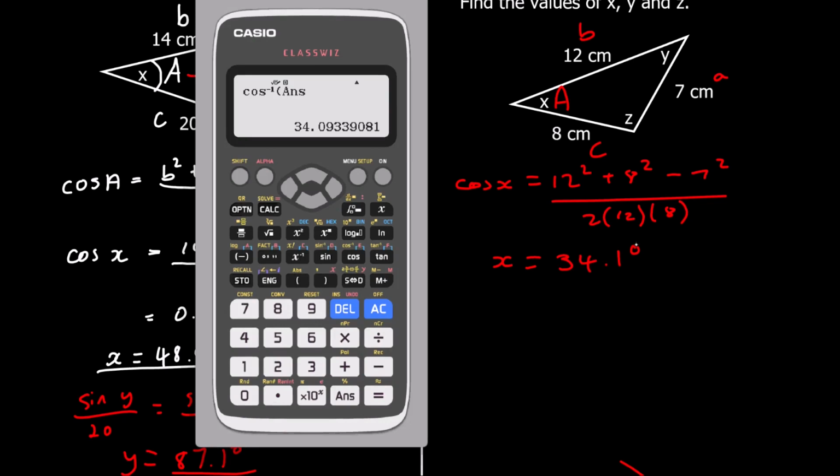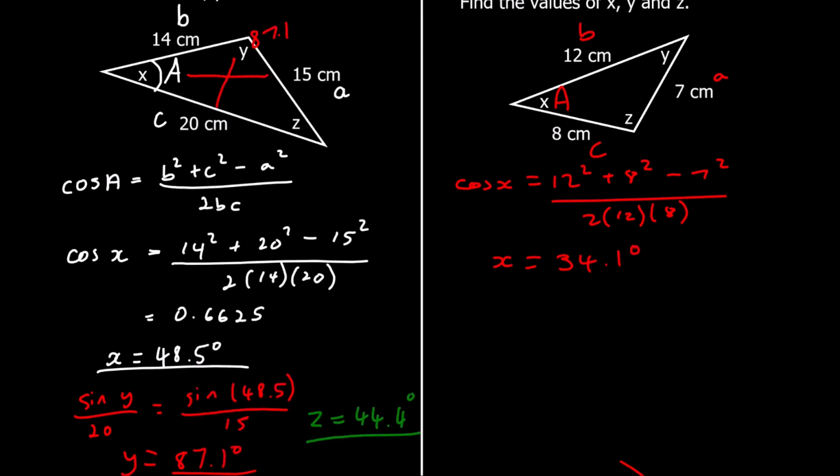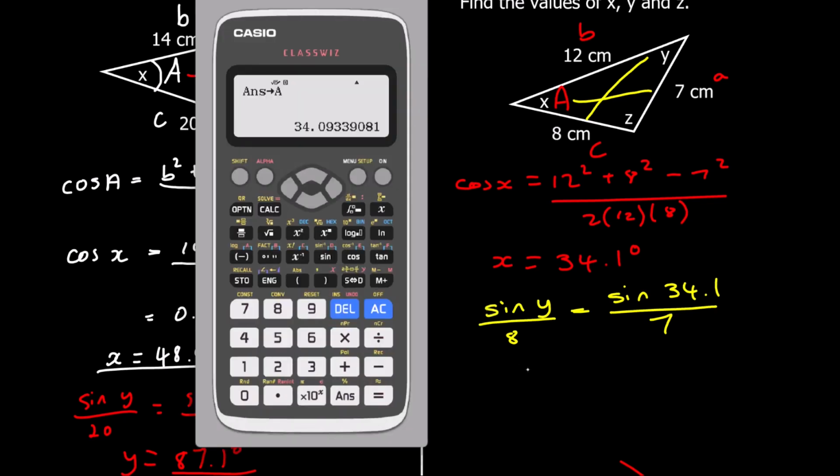I'm going to save that this time. So store that as A. Then, now we've got opposites, we can use the sine rule. So we can have sine y over 8 equals sine 34.1 over 7. So let's get sine y by itself.